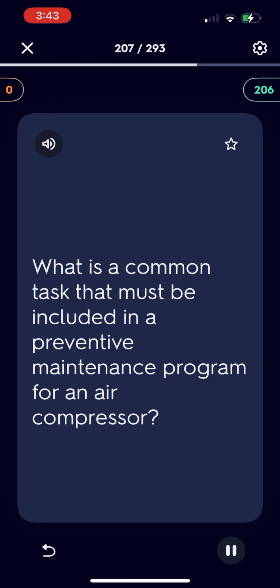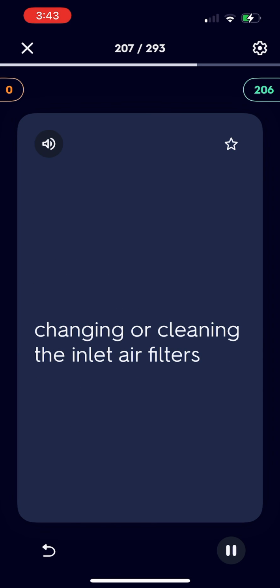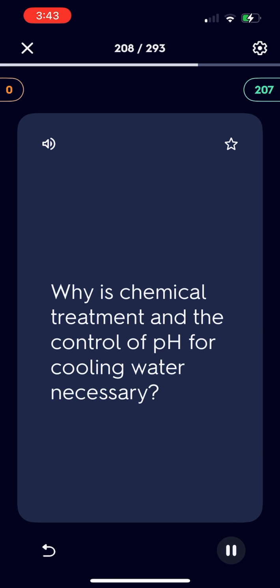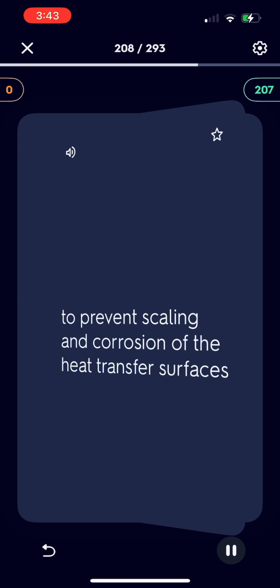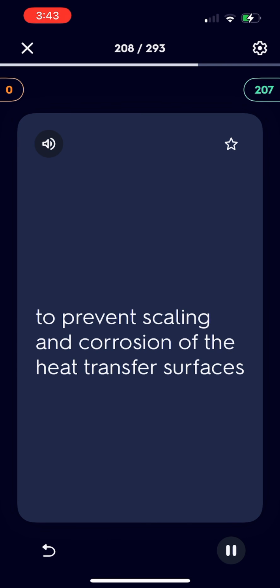What is a common task that must be included in a preventive maintenance program for an air compressor? Changing or cleaning the inlet air filters. Why is chemical treatment and the control of pH for cooling water necessary? To prevent scaling and corrosion of the heat transfer surfaces.